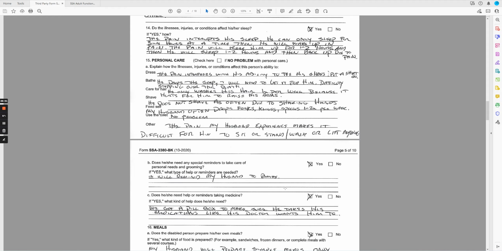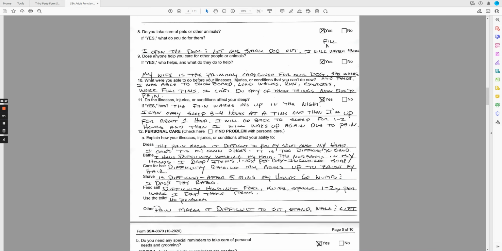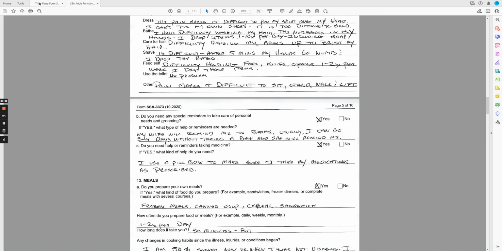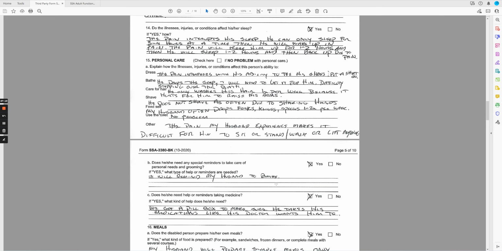And here, this person's in so much pain that they have to be reminded to bathe. And on the adult function report that the client filled out, do you need any special reminders? Yes. My wife will remind me to bathe. I usually can go 3 to 4 days without taking a bath, and she will remind me. And so that's what the client filled out, and then go back to the third-party form.